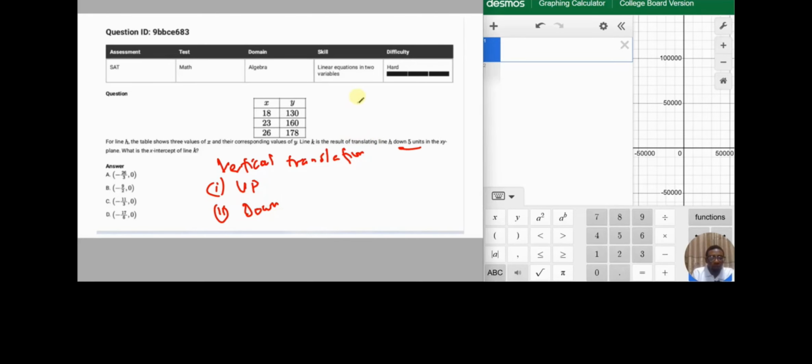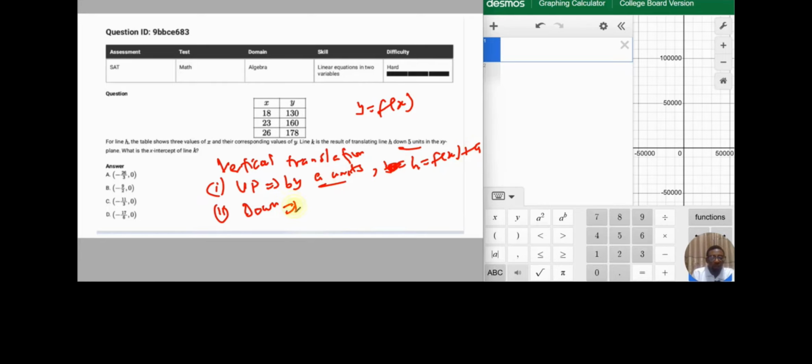Let's say the graph is y equals f of x. If the graph is going up by a units, your new graph will be h equals f of x plus a.